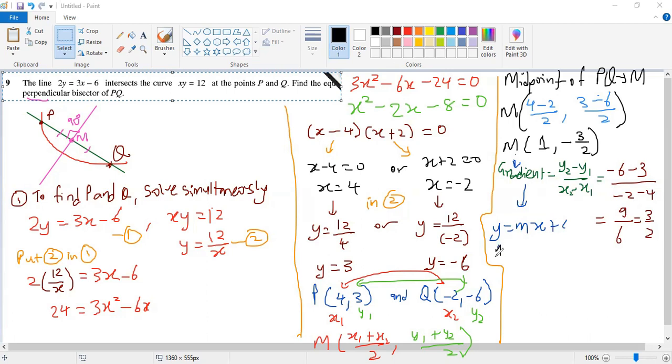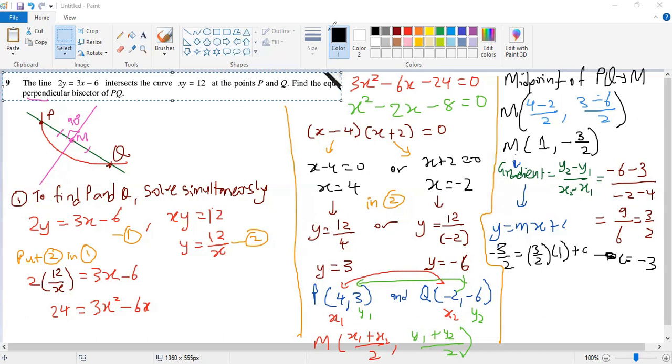Please take note, y is negative 3 over 2, m is 3 over 2, x is 1, plus c, from which we can deduce that c is minus 3 over 2 minus 3 over 2, which is minus 6 over 2, or minus 3.